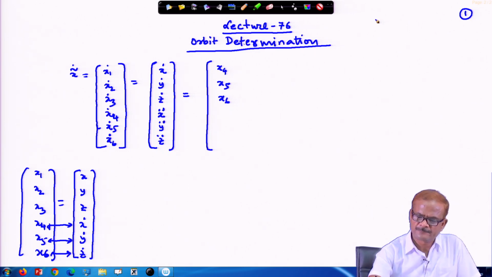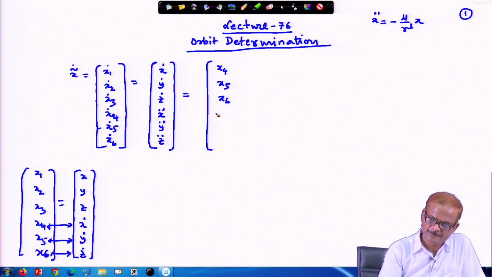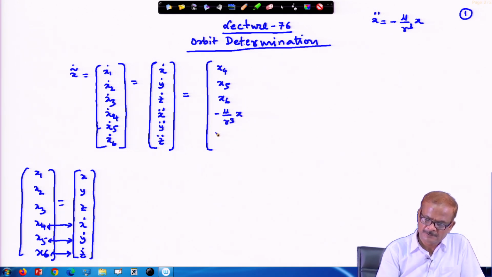The basic equation we had was x double dot equal to minus mu by r cube x. This was our basic equation. So, we replace these quantities here, y double dot by minus mu by r cube y and z double dot equal to minus mu by r cube z.